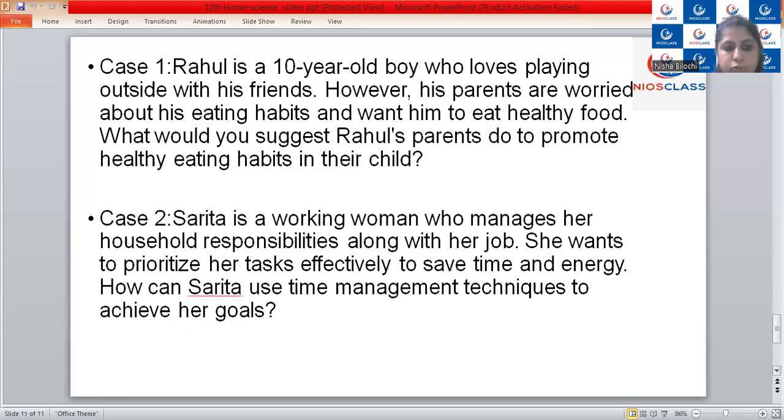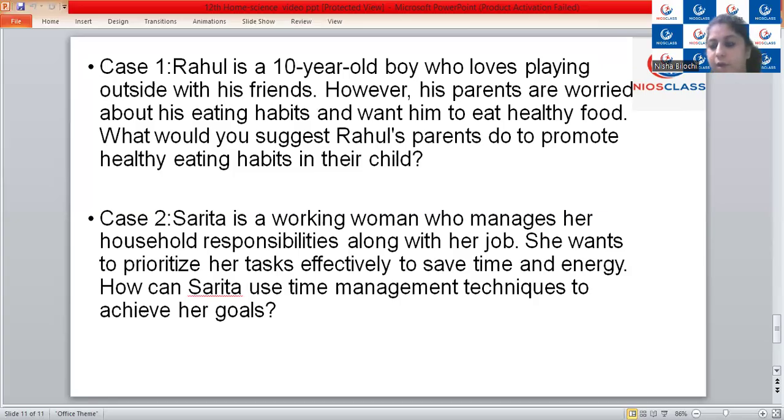Let me take you through two case studies which I have prepared. So the first case study over here is this: Rahul is a 10-year-old boy who loves playing outside, however his parents are worried about his eating habits.